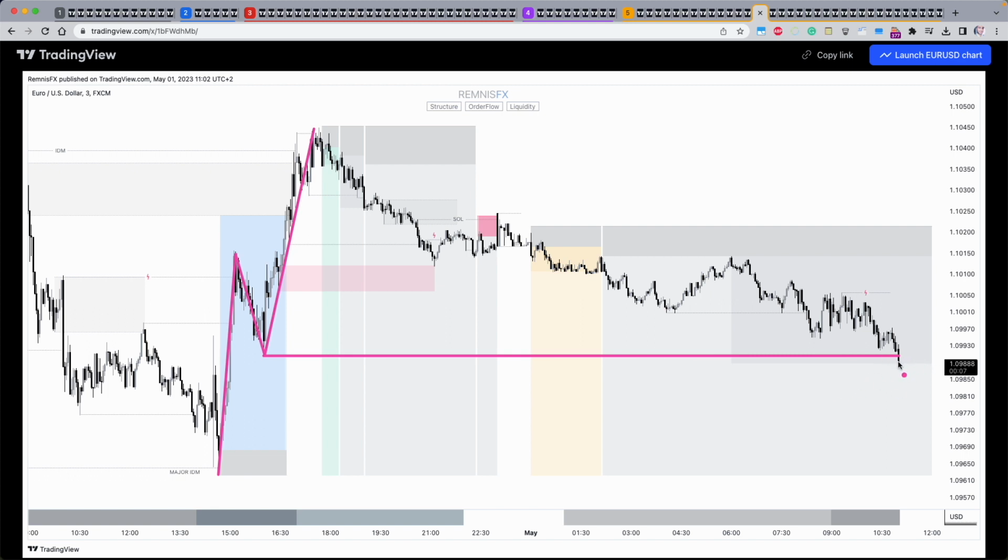So at this point, it can get a bit tricky, right? Because should we now look for buys, or should we continue sells, right? Well, looking at the bigger picture, yes, this may be bullish inducement, right? But looking at the bigger picture, this was our corrective move, as in retracement, and this here was our higher time frame major structure impulsive move, right?